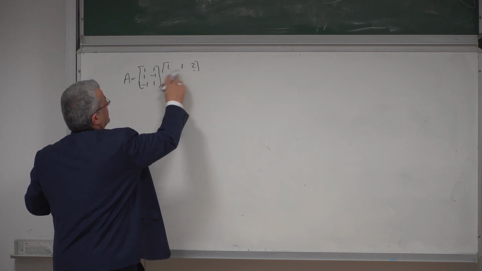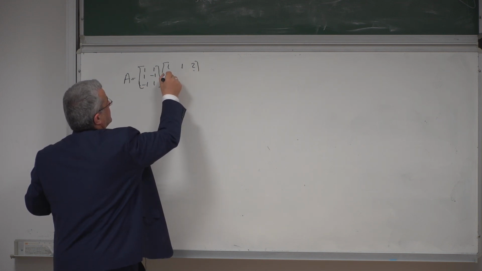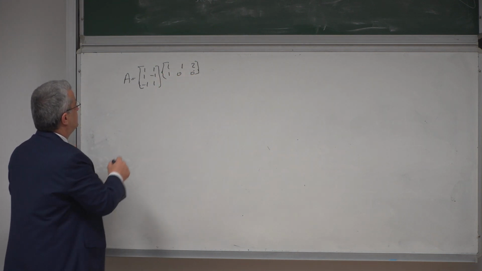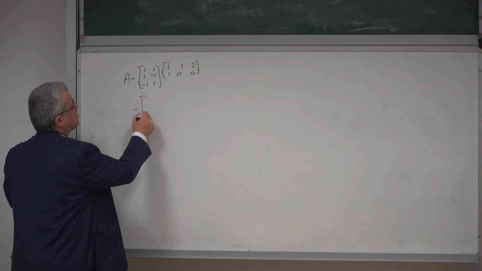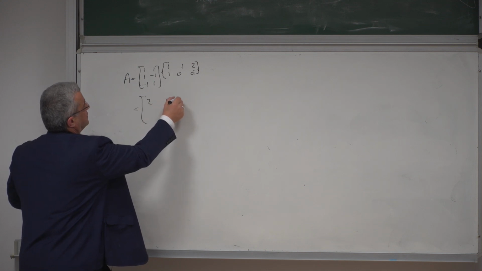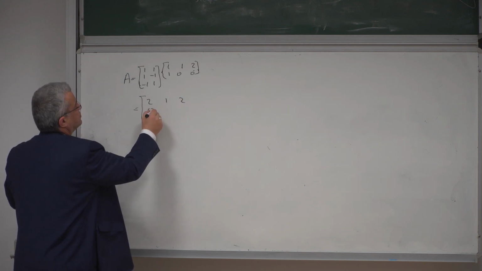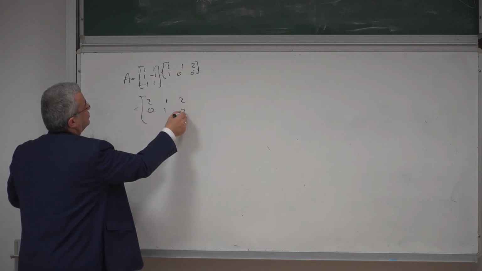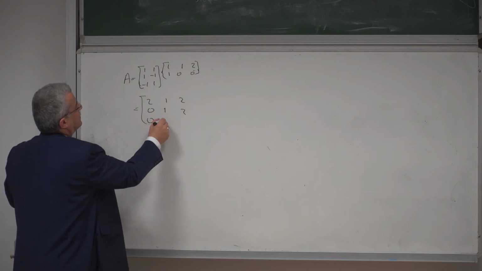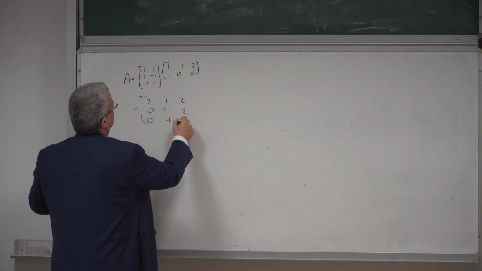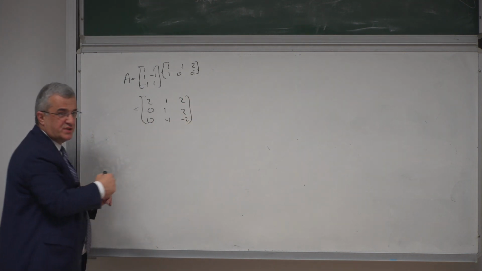Okay, I will just make this 1, 0, 0. So what is this equal to? 2, 1, 2, 0, 1, 2, 0, minus 1, and minus 2. This is how you generate questions.